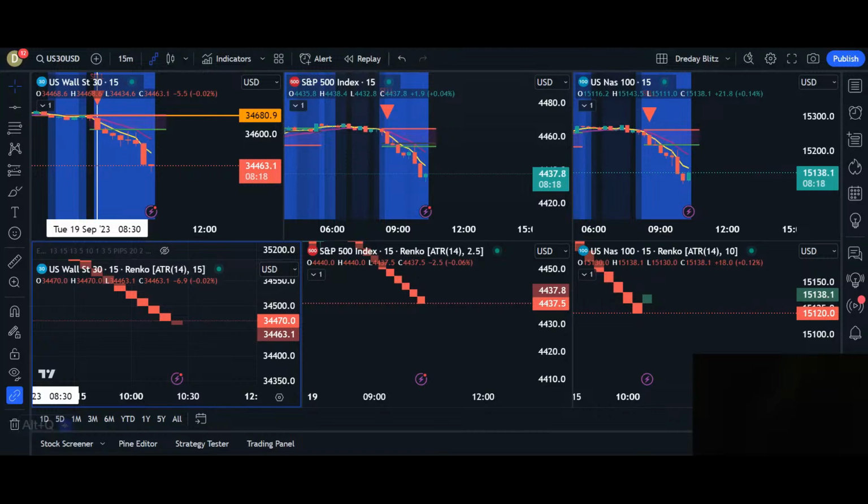So we'll wait for the next candle that will open in less than 9 minutes here.